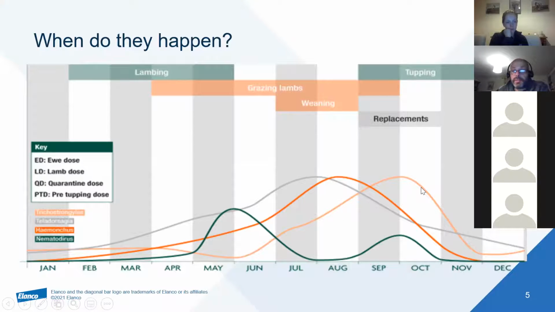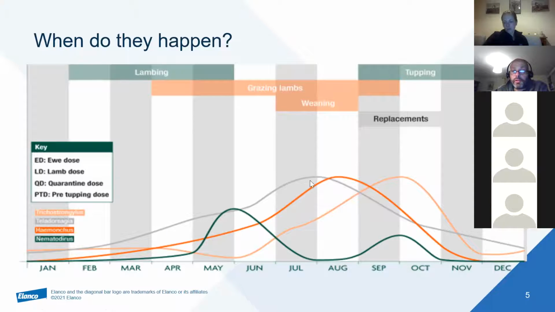That can pretty much happen any time during warm weather. It doesn't like the cold, which is why it's not that common as far north as we are. But the weather is changing and the worm habits are changing. And we are starting to see Haemonchus more regularly in the north of England and in Scotland as well. So those are the four main worms, and broadly speaking, when they happen.